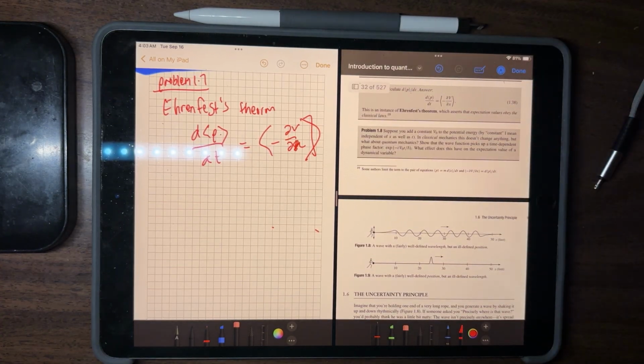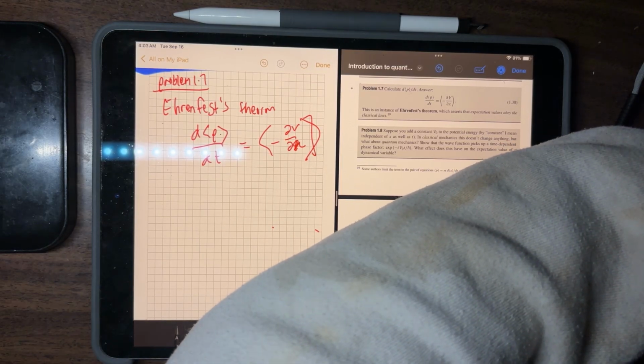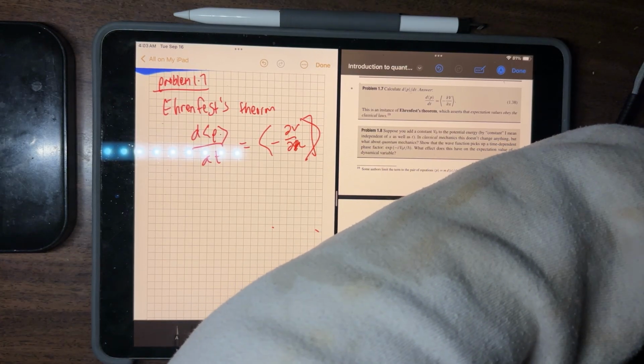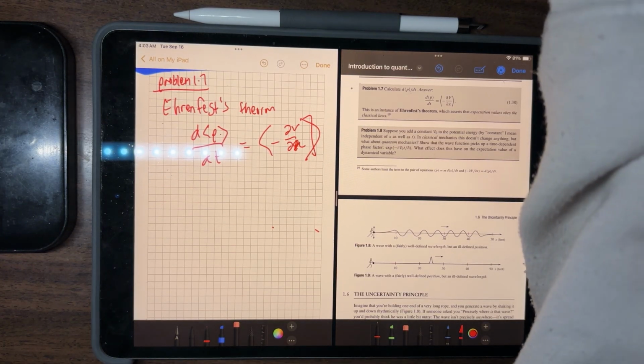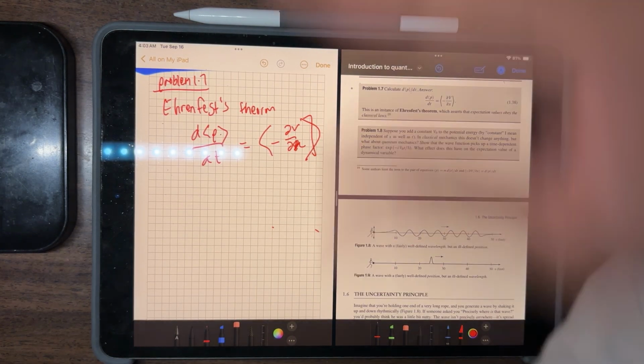What did they do? Would they do 1.7 as an example?